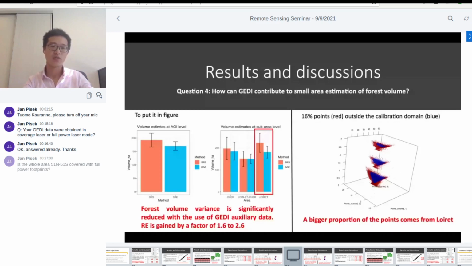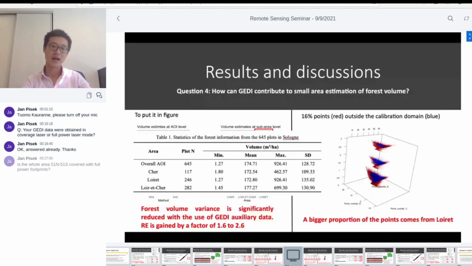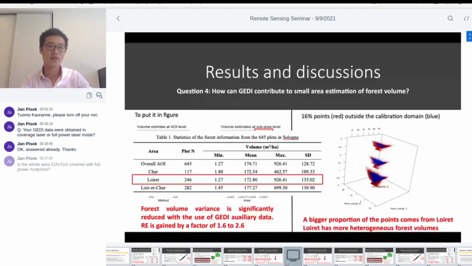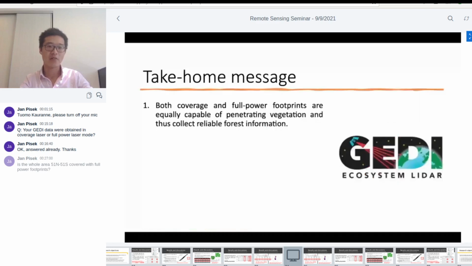So a few messages from today is that both coverage and full power footprints are equally capable of penetrating vegetation and collecting forest information, and they can be included at the same time in future studies. And then GEDI elevation is actually very consistent and accurate compared to LiDAR DTM.